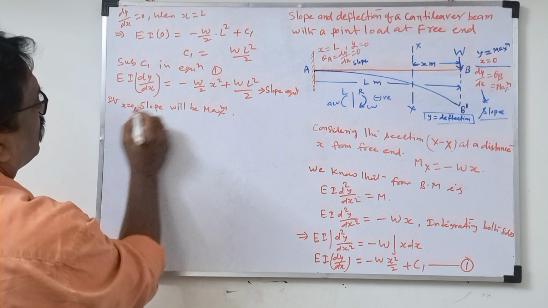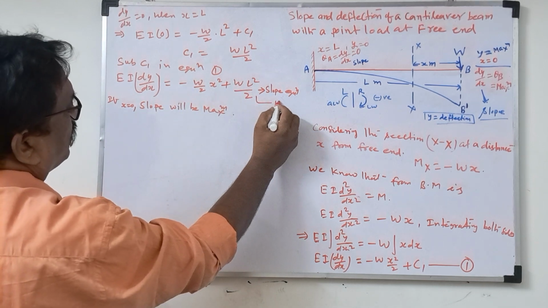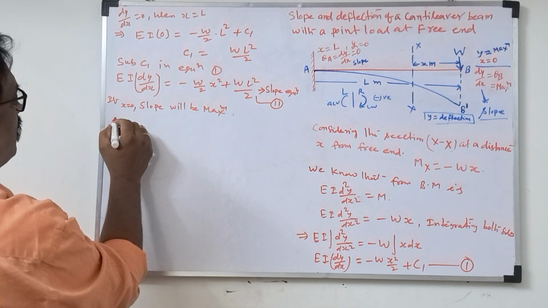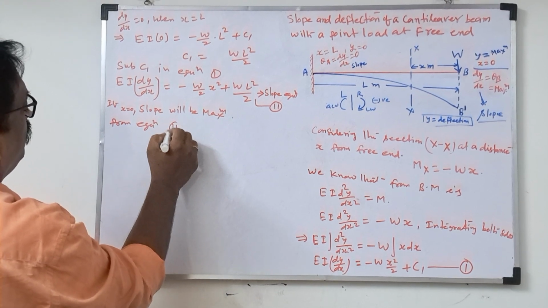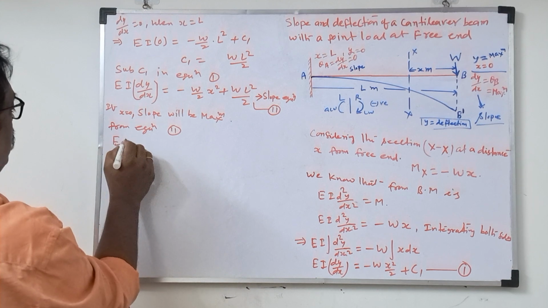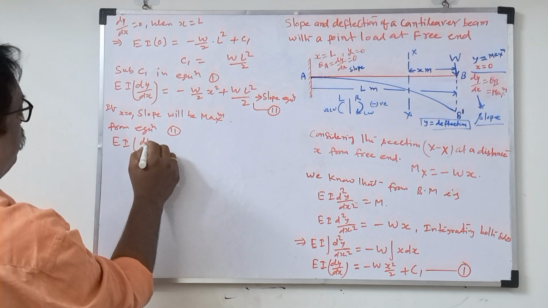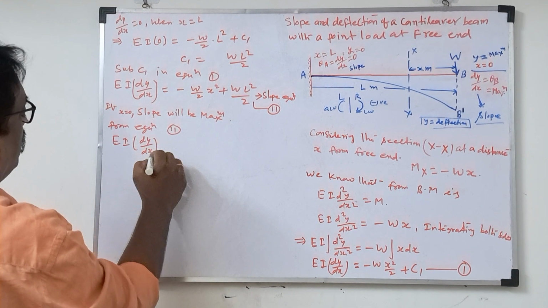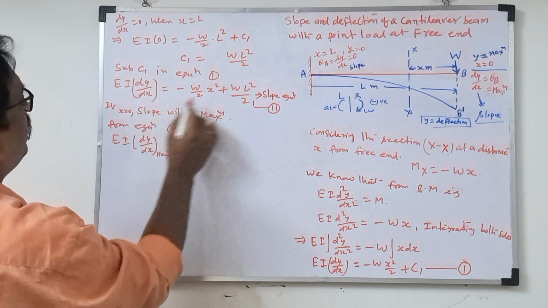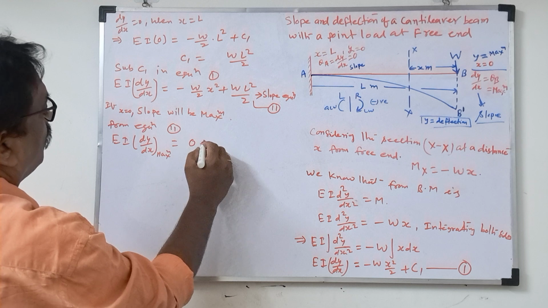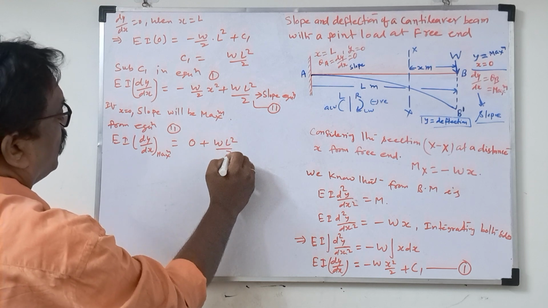Now substitute into the slope equation, equation 2. EI dy by dx will be maximum when x is 0, so this is 0 plus WL square by 2.